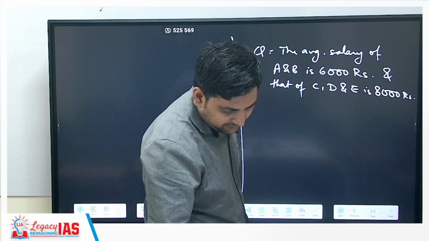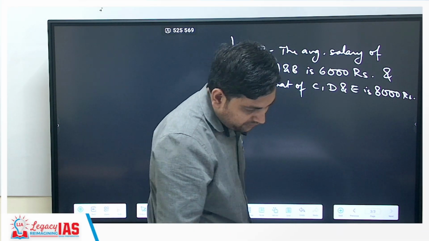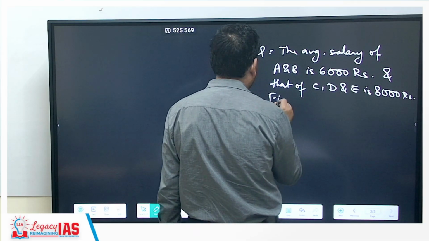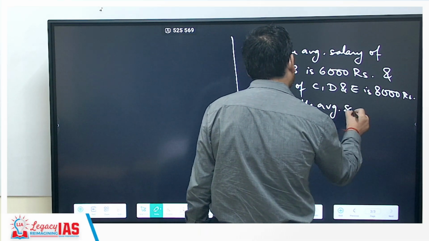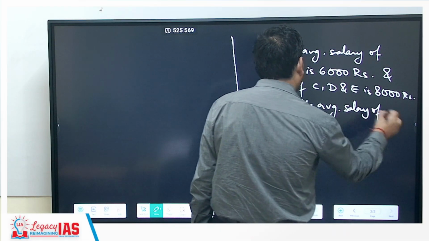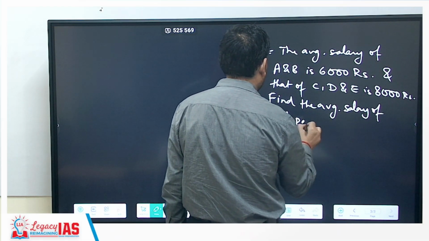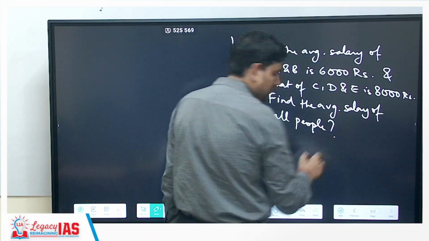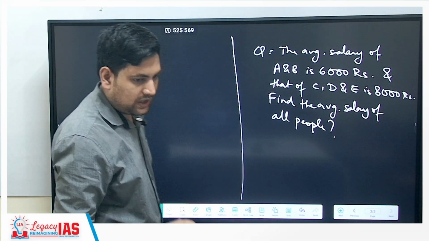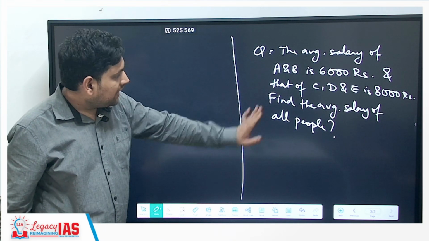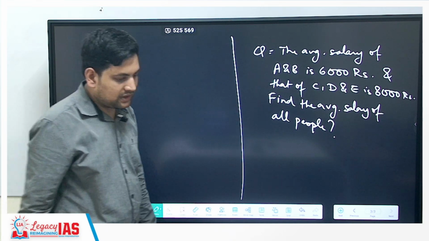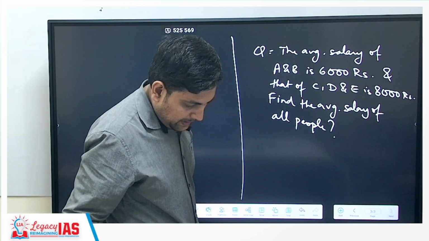These are their average salaries. Now it is asked, find the average salary of all people. This is the question. The average salary of A and B is 6,000, of C, D and E is 8,000. Find the average salary of all people.